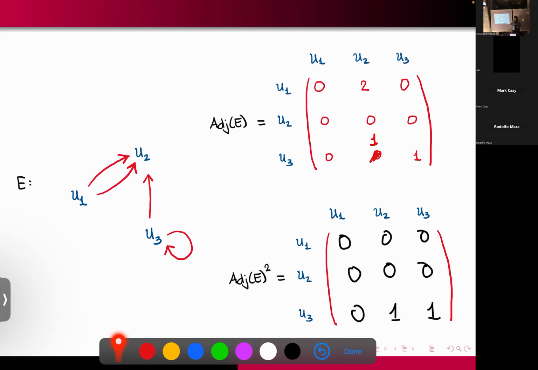And similarly for U3, you can multiply this guy to itself again, or you can just ask yourself, how many paths of length 2 have source U3 and range U3, which is just 1. So I have 1. So it's a pretty handy way.